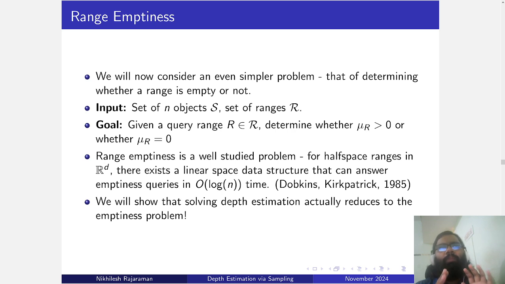And we're allowed to make mistakes when the depth is within an epsilon factor from z. After this, we looked at the range emptiness problem, which is an even simpler problem where the goal is to just answer whether the query range is empty or not. That is, whether its depth is 0 or greater than 0.